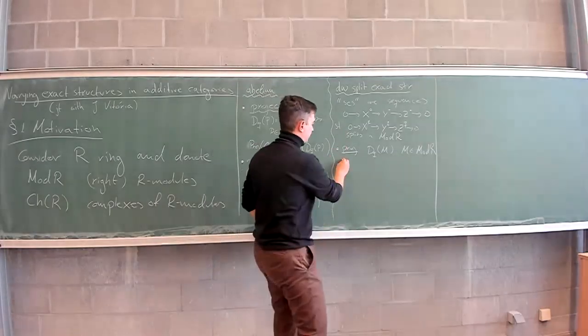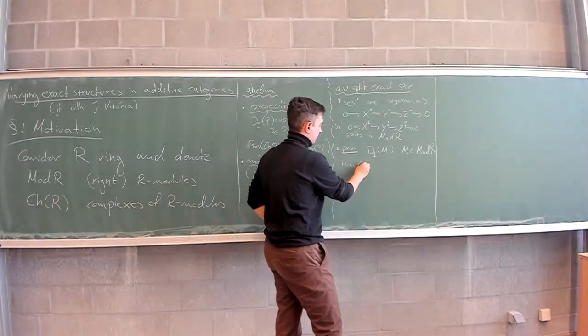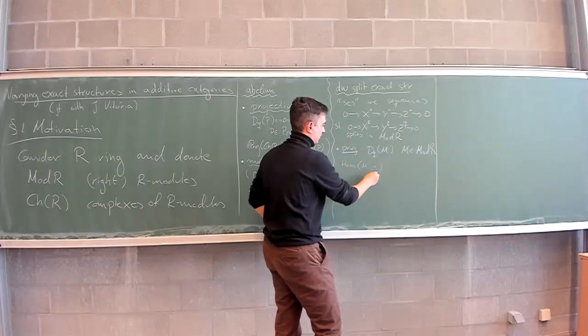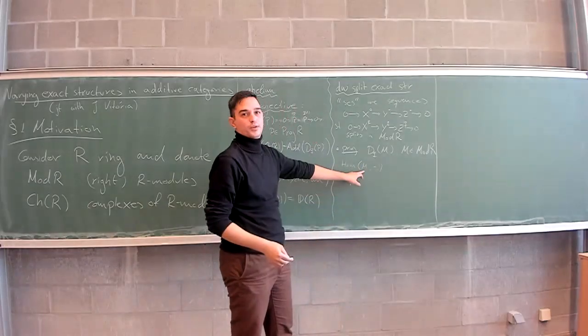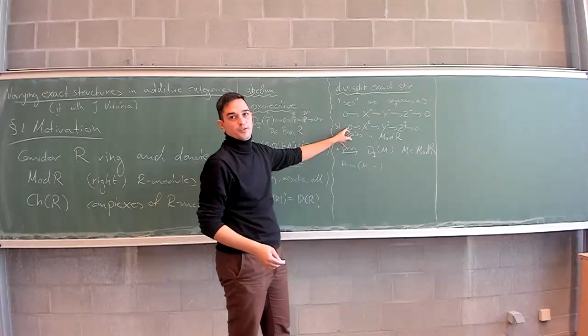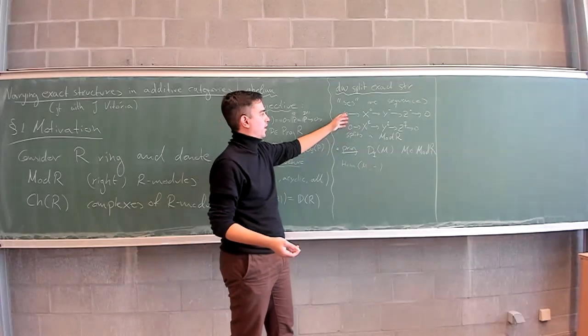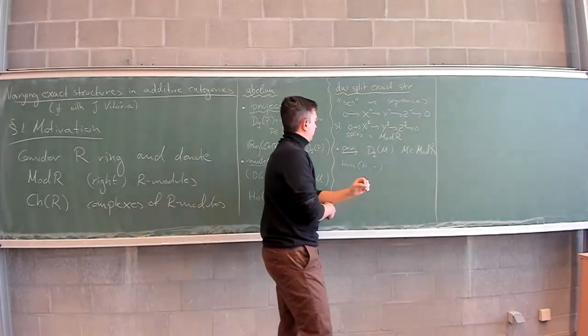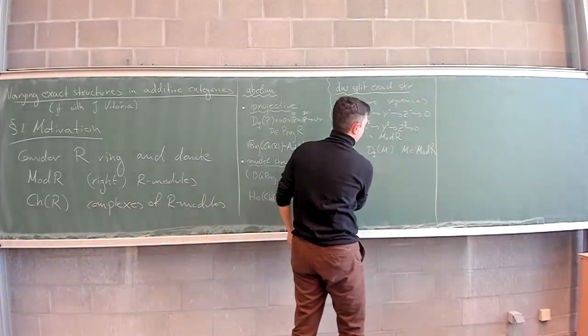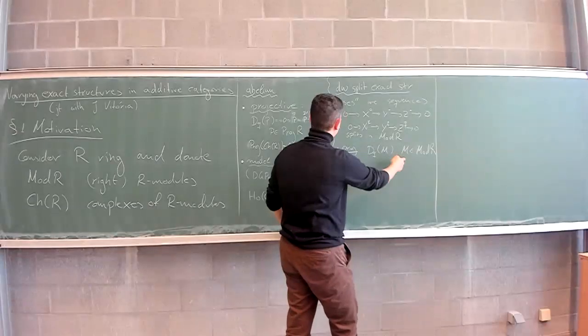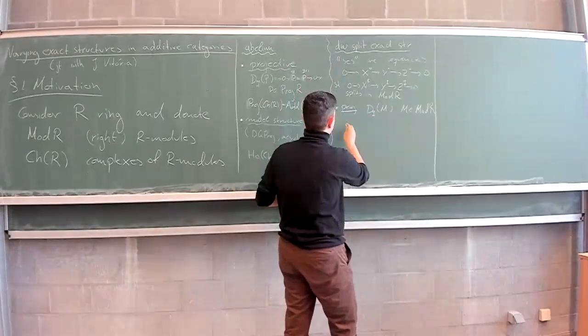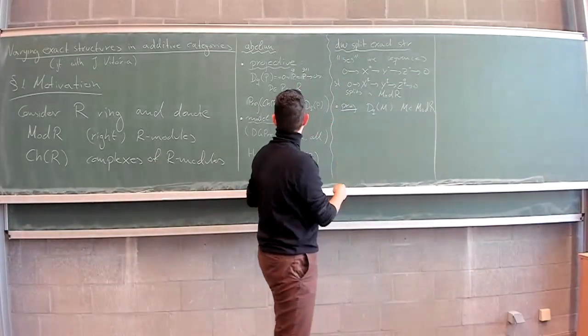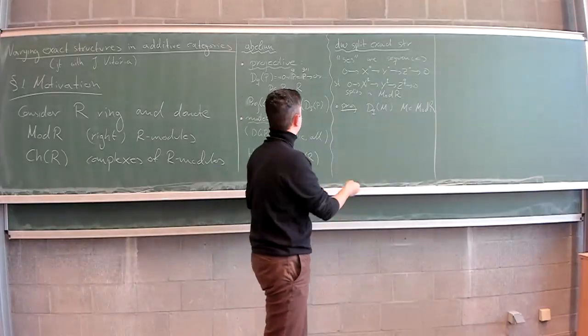In particular, it means that this functor is going to be exact for anything that you put here, because every short exact sequence is going to split. So it will remain exact by definition. Okay?